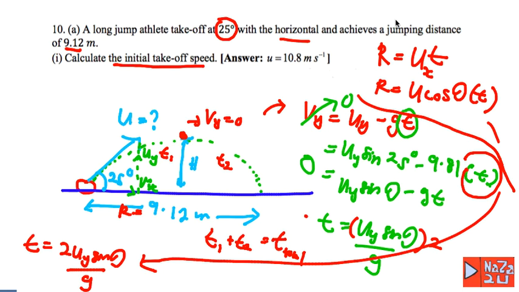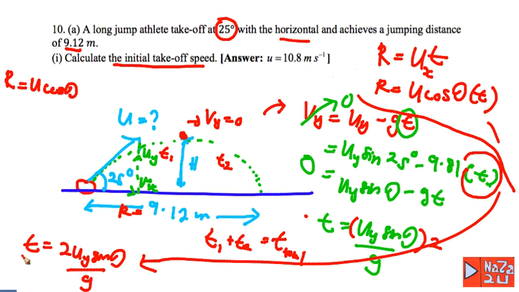Continuing to find the value of r, r is equal to u cos theta times t.